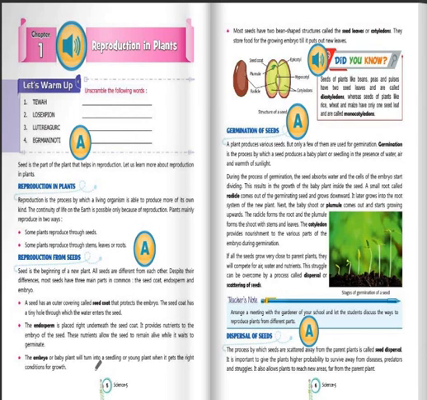Now, what is embryo? Embryo or baby plant is a very small plant which slowly or gradually turns into a young plant when it gets the right conditions for growth. Now let's go to the next page.